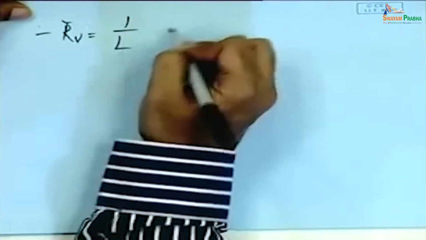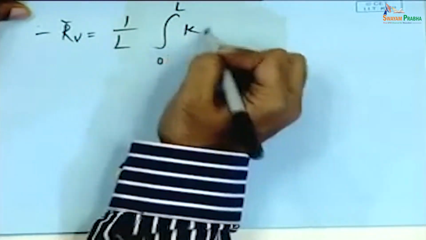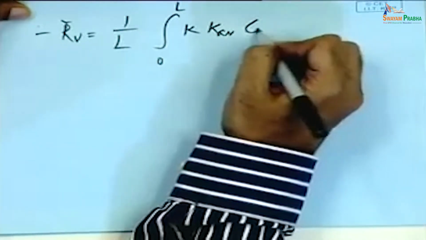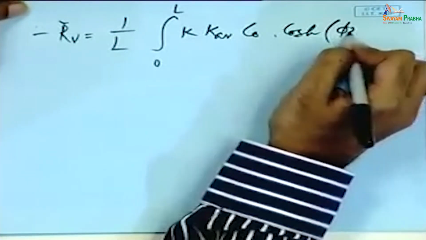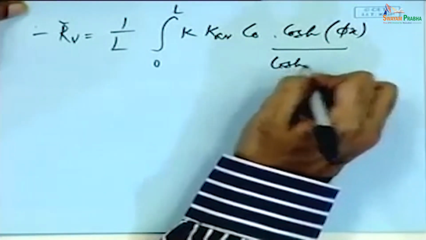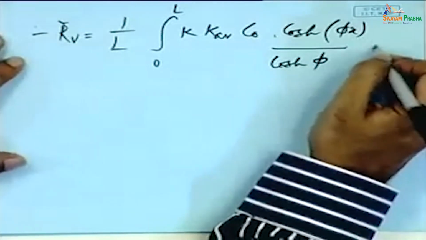So, that's not right. So minus R_V average equals 1 over L, 0 to L, K kV C naught. Theta was cos hyperbolic Phi x divided by cos hyperbolic Phi, over dx.